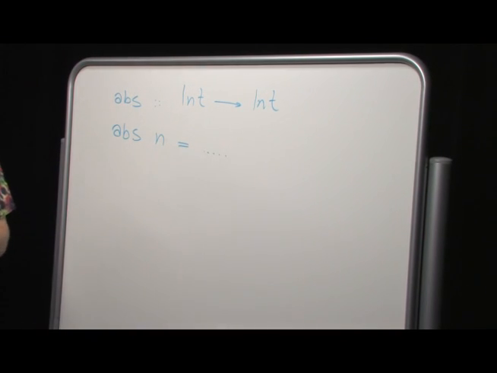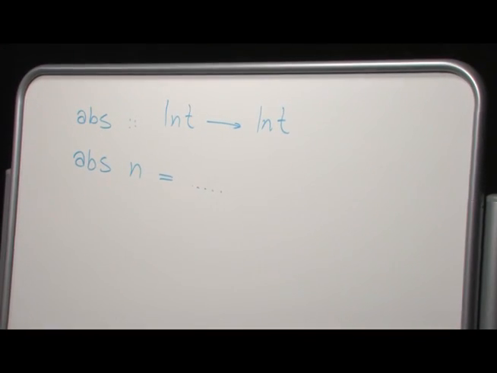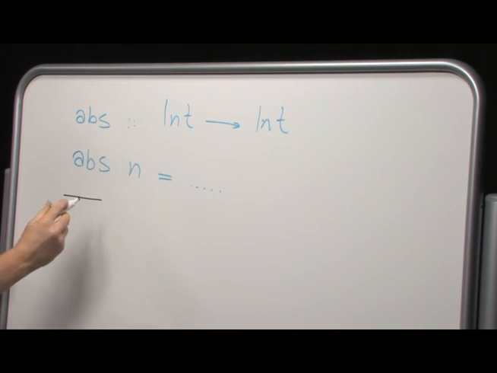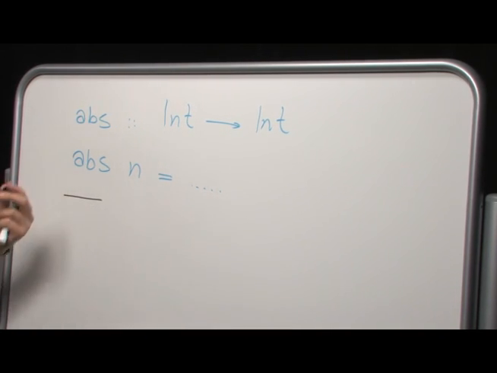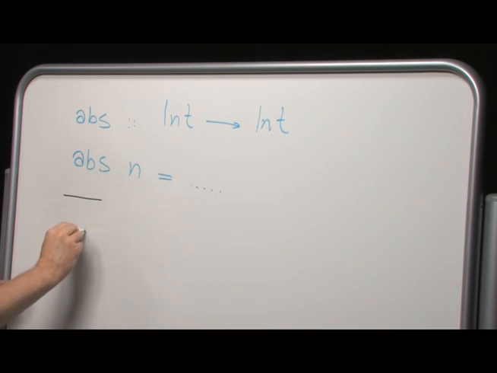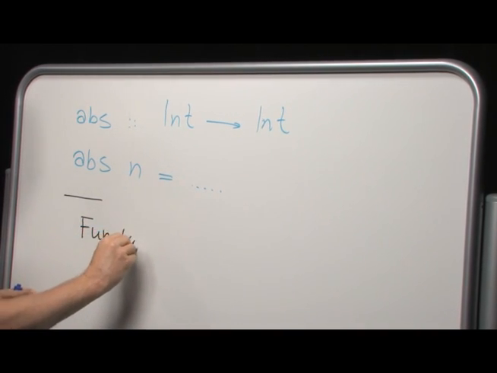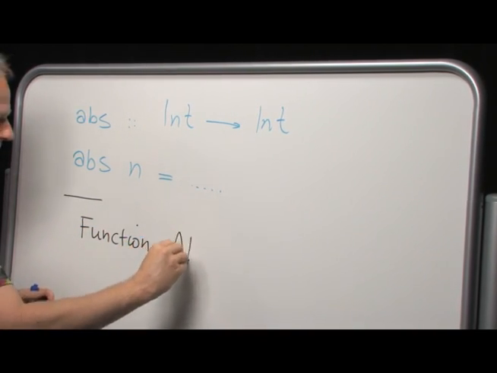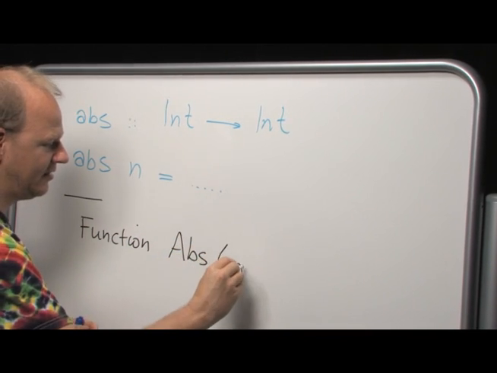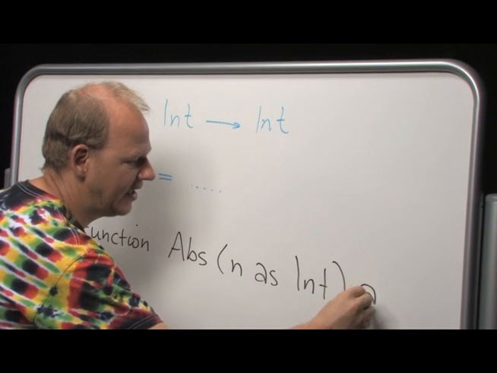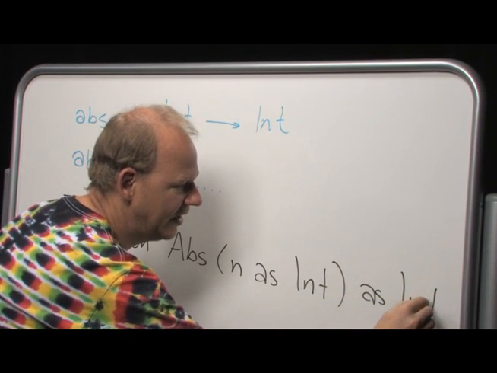abs of n equals that big expression. Whereas if we would write the same function in C#, or let's use VB for today, in VB we would write function abs n as int as int.